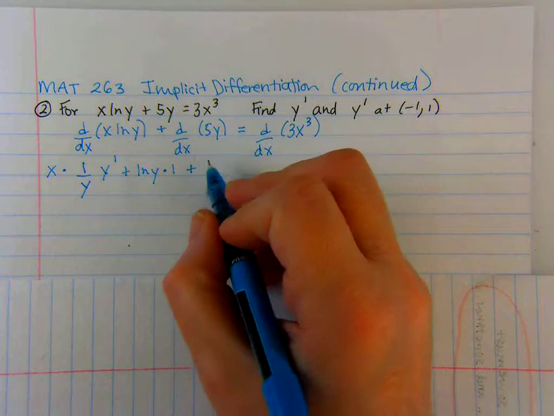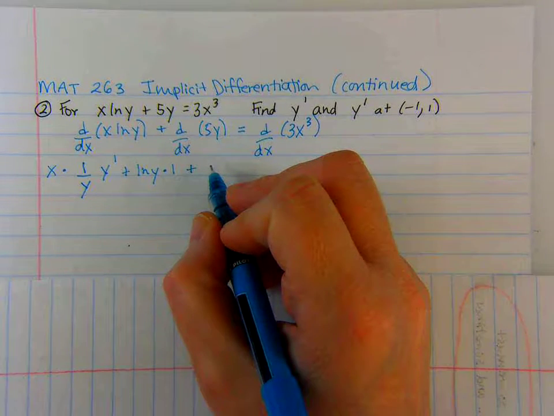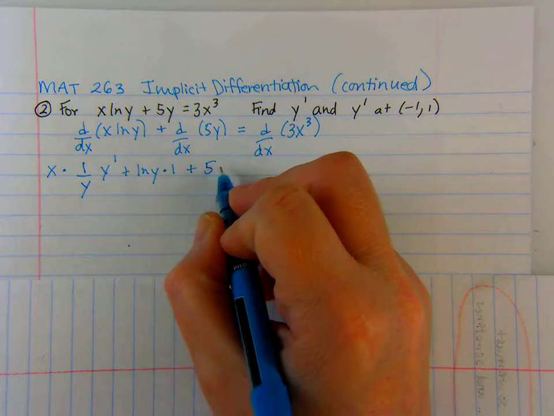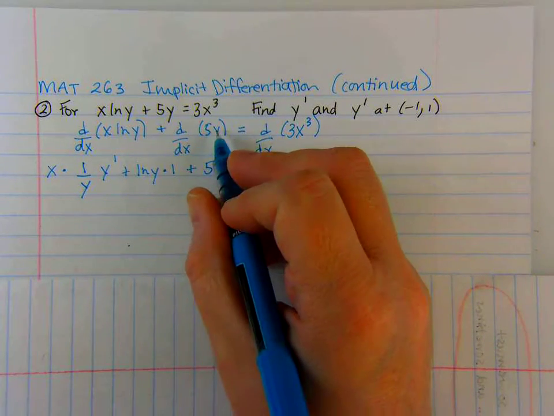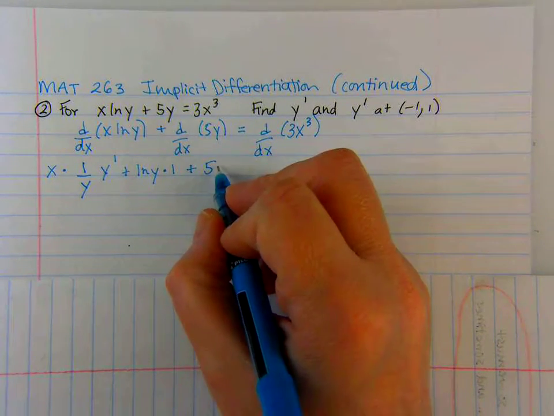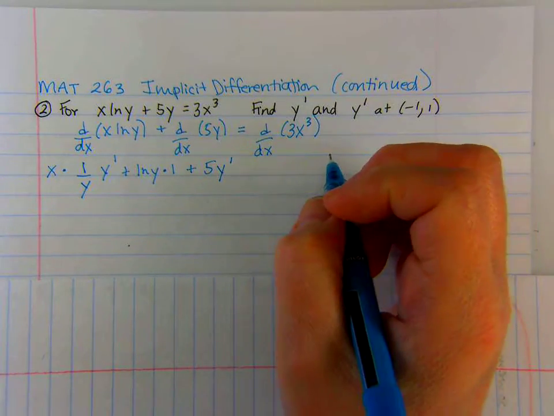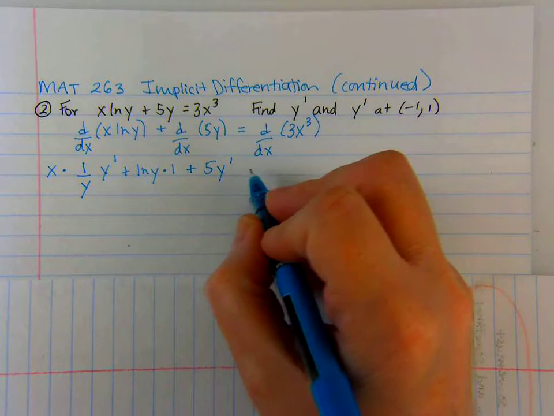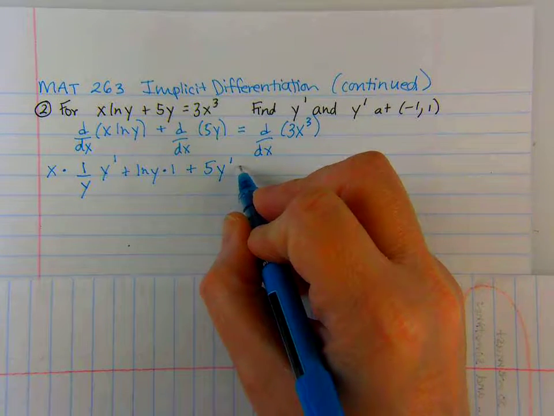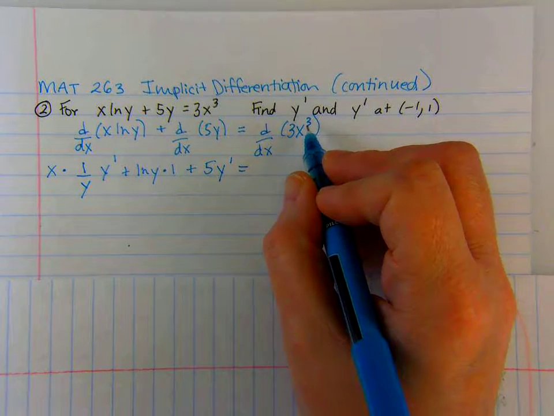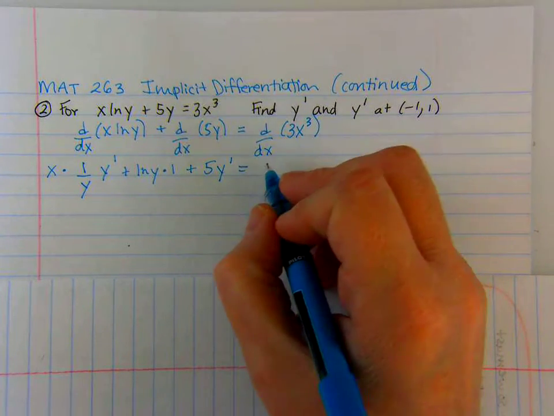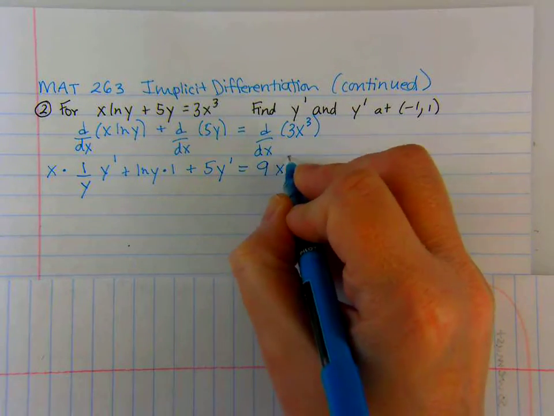The derivative of 5 times the function y is just 5, and then the derivative of that function y is y prime, that inside function y. Okay, and then on this side, it'll be 3 times 3x squared, so it'll be 9x squared.